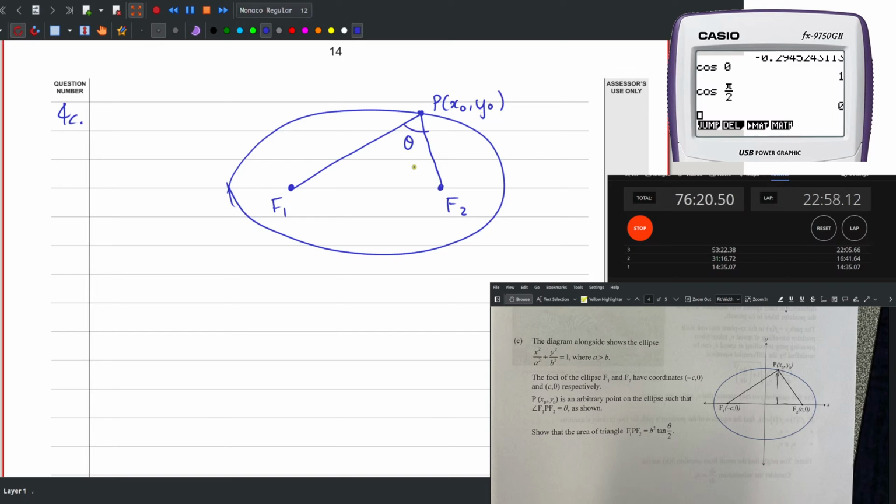Right, and then you have this theta. Well, one way to do it is you just bash sine rule, right? You just go through and then, but I don't know. I think there's a bit of a sussy way to do it.